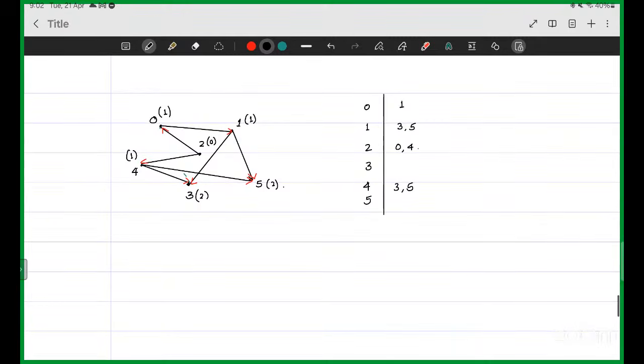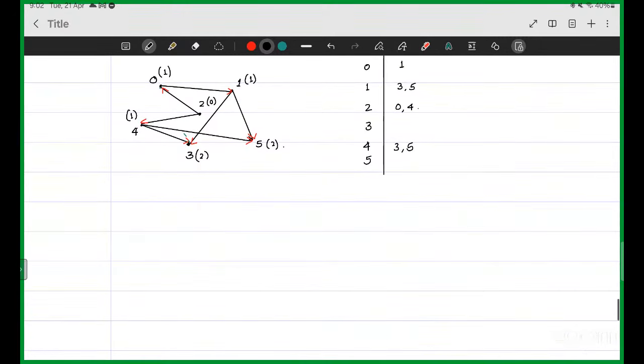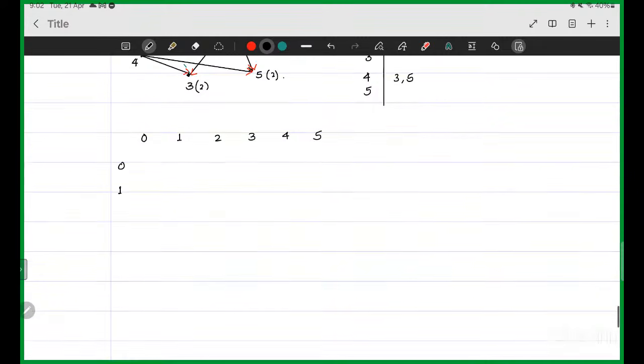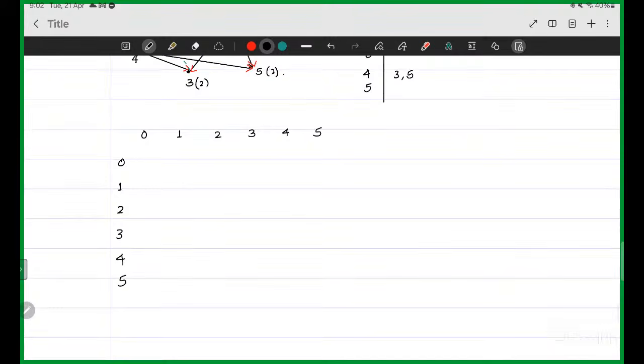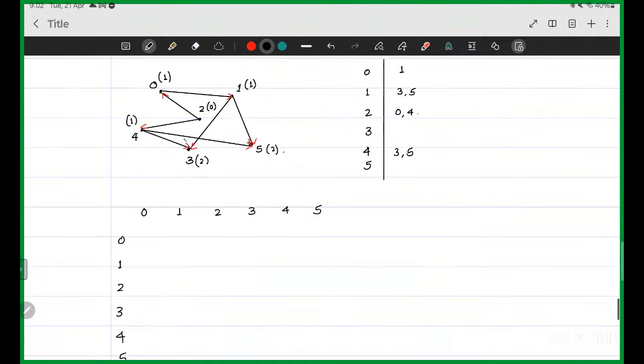But the adjacency matrix is simpler, even though the search is more expensive in the sense that you have to go through a larger collection of numbers. So here you'll have a lot of zeros. I'll not write down all the zeros. I'll just write down the ones.